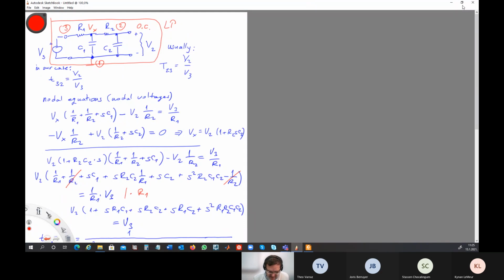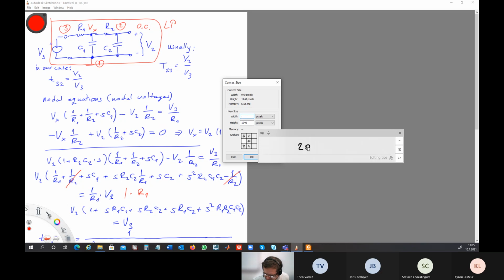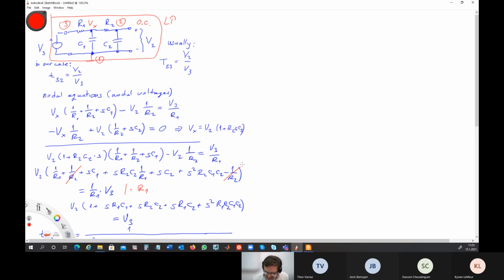Now we would like to solve another example. If we now exchange these 2 points, 3 and 1, we will have the following network.